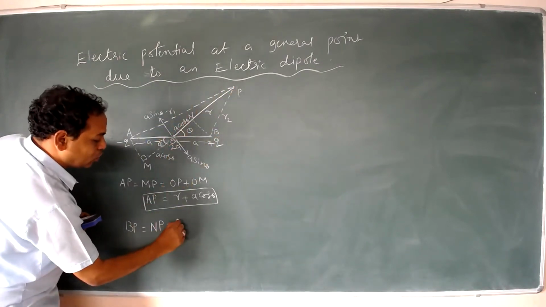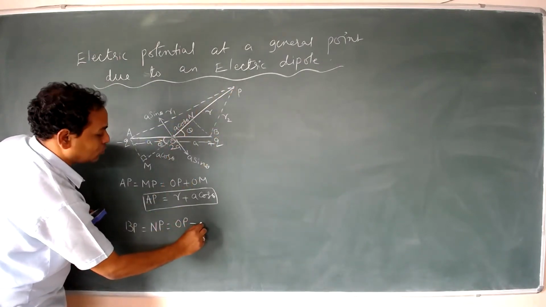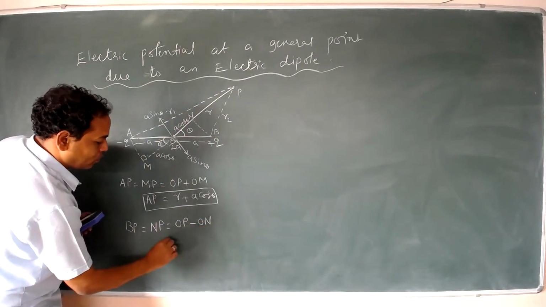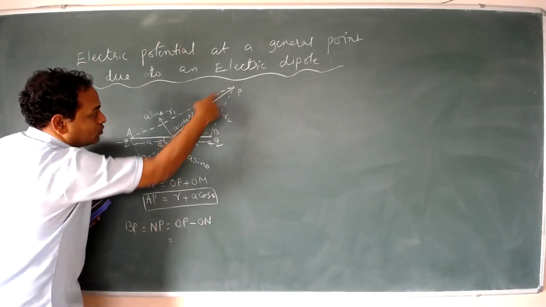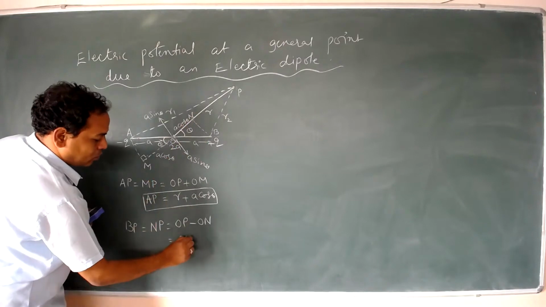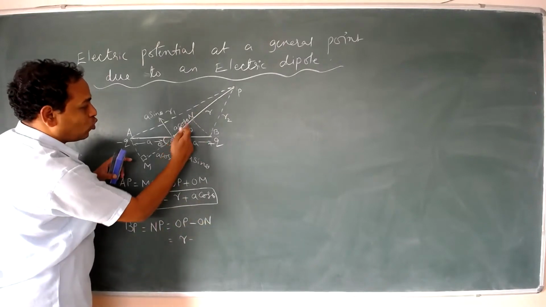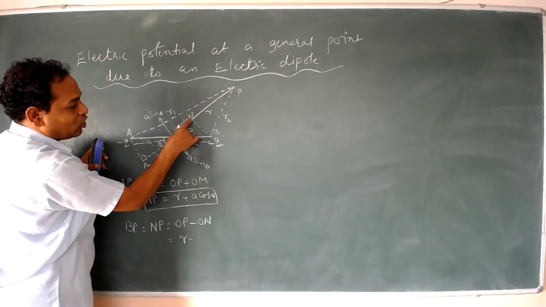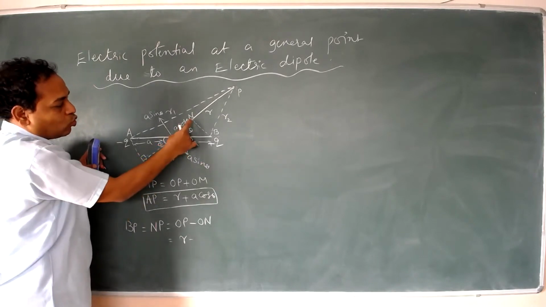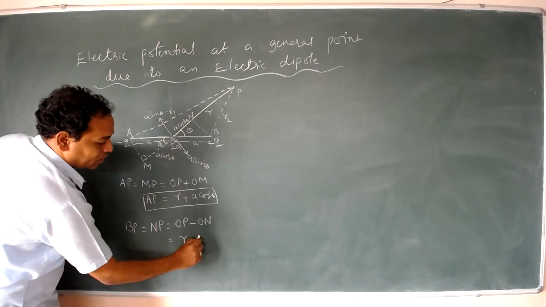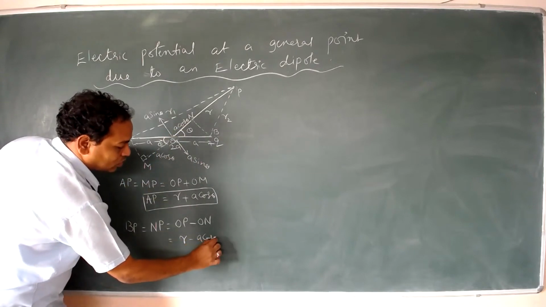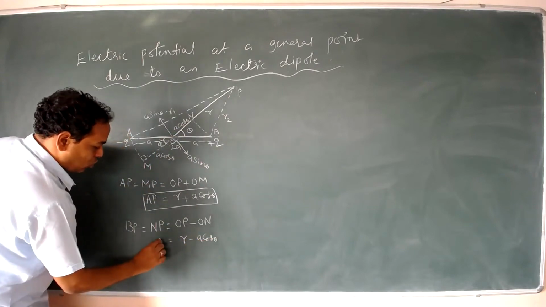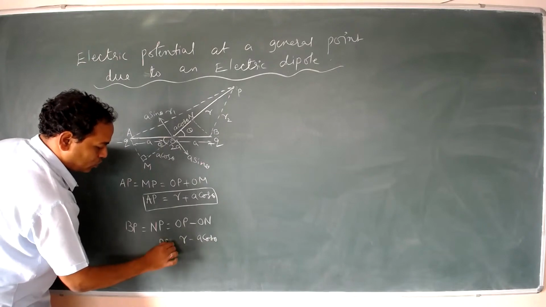OP means this length R. Minus ON, what is ON? ON is nothing but A cos theta. See, this is A cos theta, A sin theta. So I can write here A cos theta. So this is called BP.